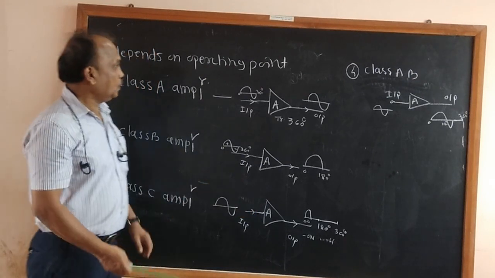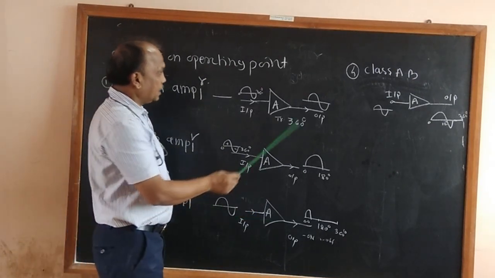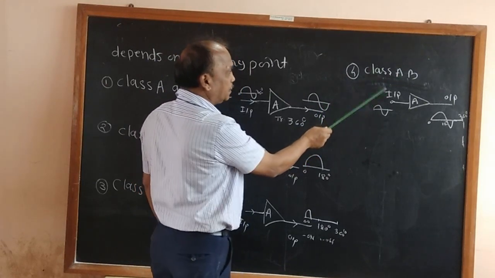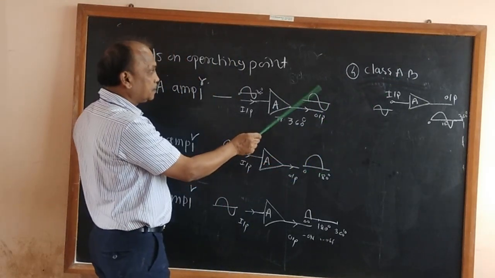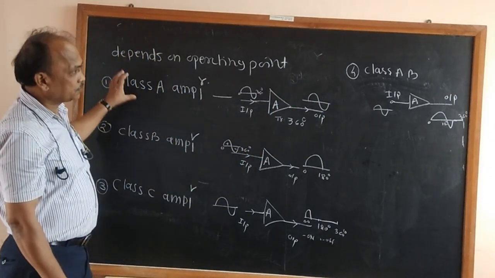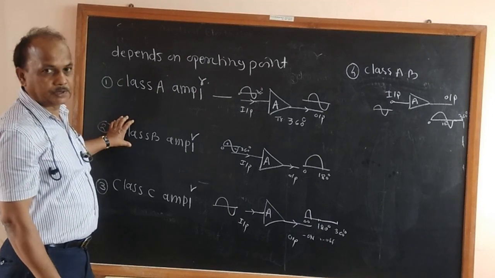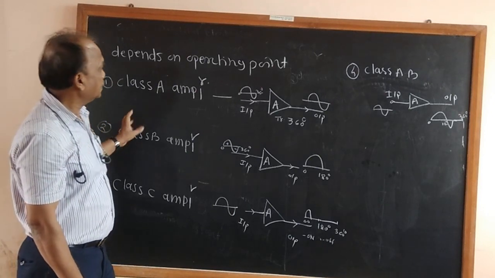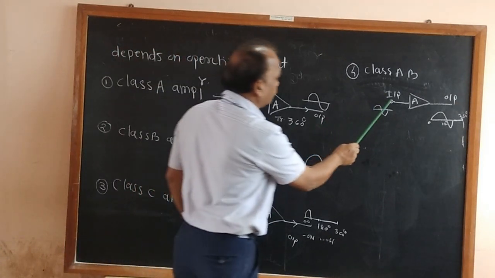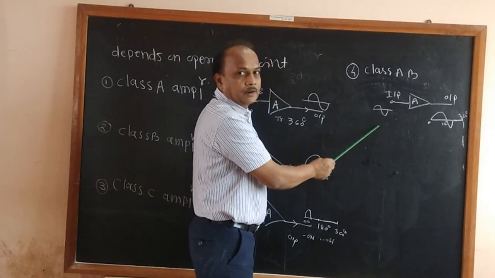Okay. Now we have to study the fourth amplifier, that is the class AB amplifier. The name itself indicates that this amplifier contains the advantages of class A as well as class B, so this is a combination of class A and class B amplifiers. Here again we apply an input sine wave signal.